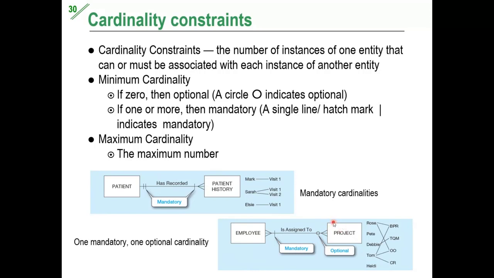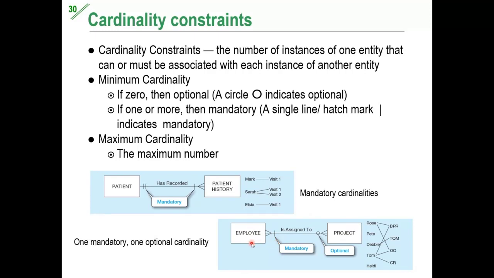But if you have the project, the project must have at least one or many employees, right? You can't have a project without having employees. You must have at least one or many employees. So that is what we mean by this: mandatory many.